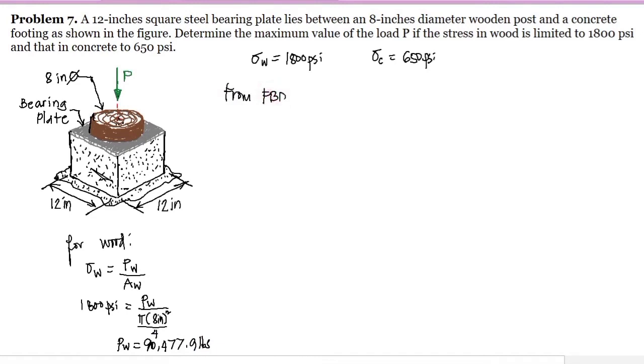From the free body diagram of wood, so kung titingin tayo dito sa isang side, ito makikita natin. So we have here, kakatin natin to, yung wood. So we have here force P, and this is the Pw, or the force resisted by the wooden post.